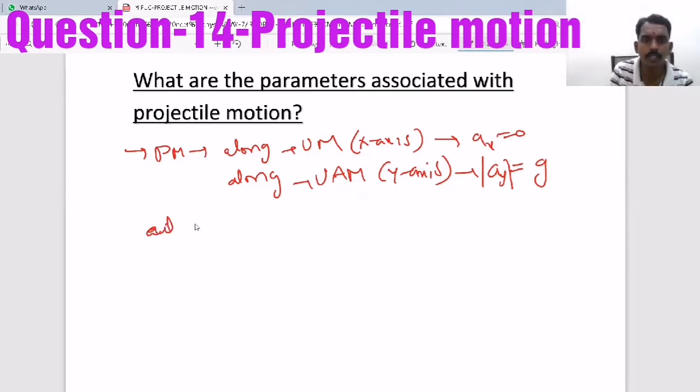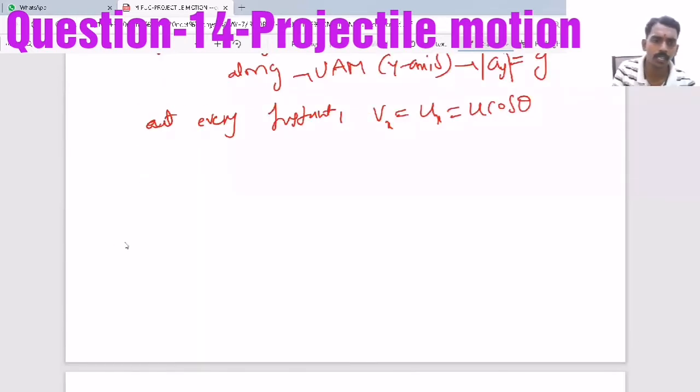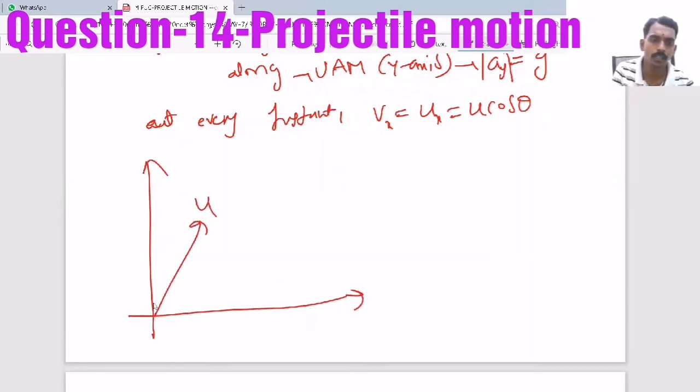So at any instant, the velocity component along the x-axis is equal to the initial component, that is u cos theta. When you throw a body at some angle with a speed u, it will go like this.